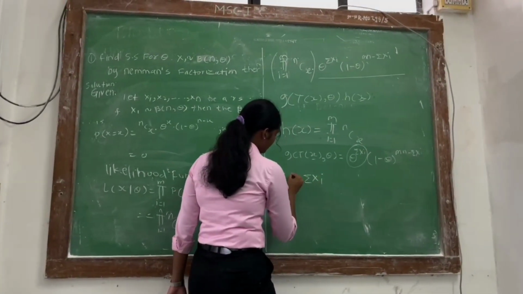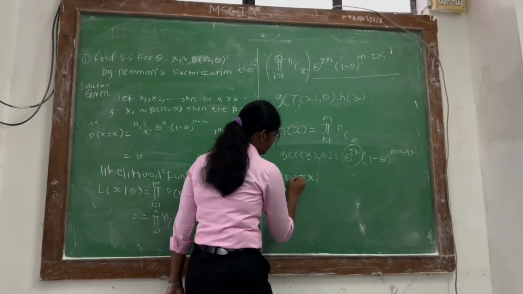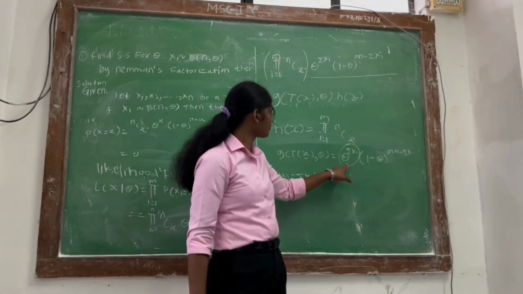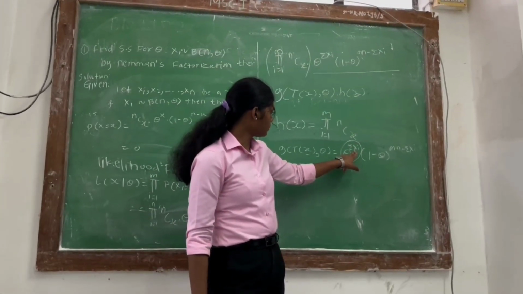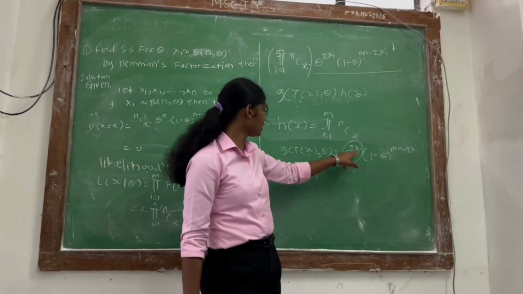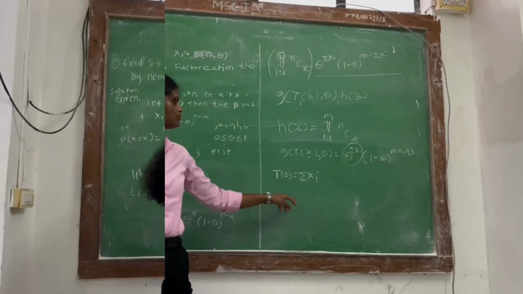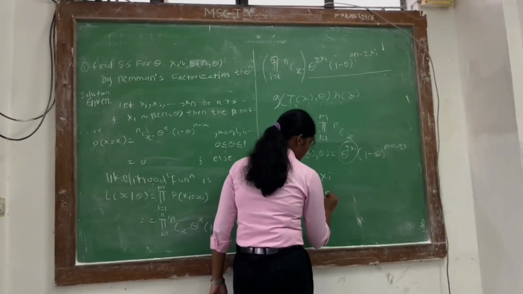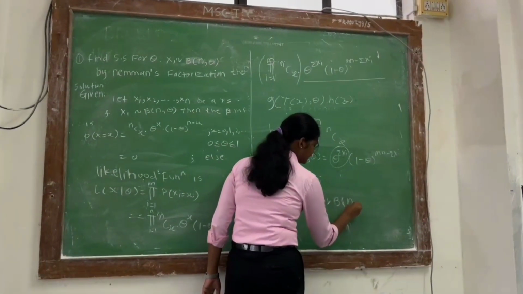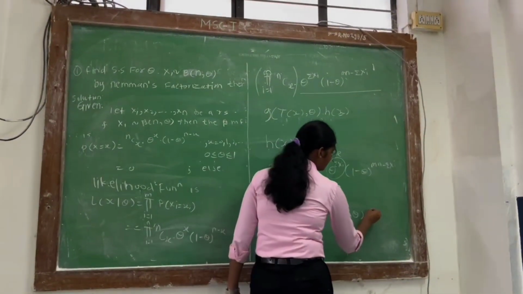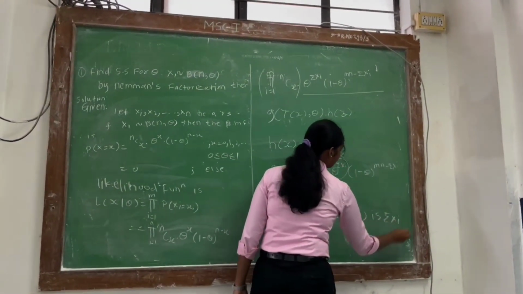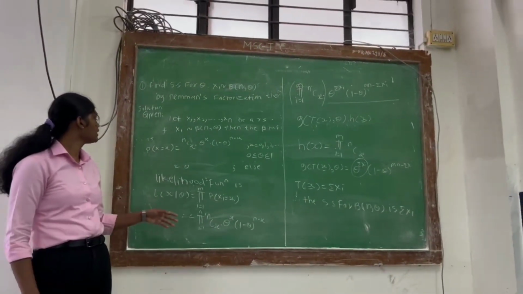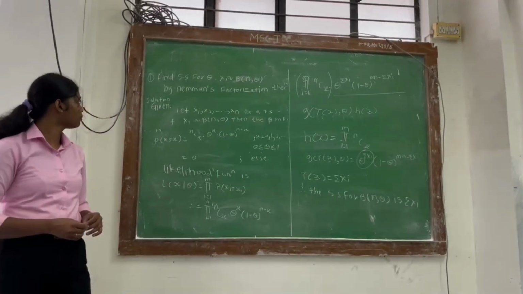So our T of x will be summation xi, because in this function of theta and summation xi we have got the summation xi. Therefore, the sufficient statistic for binomial n comma theta is summation xi. So here are the steps to find sufficient statistics by the Neyman factorization.